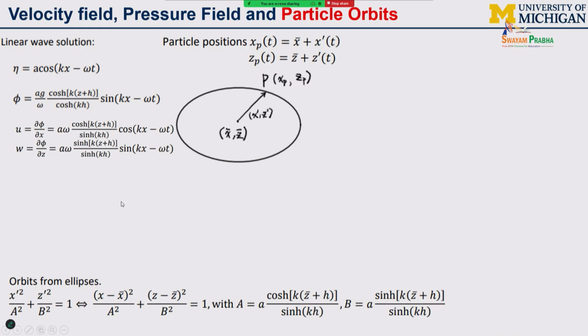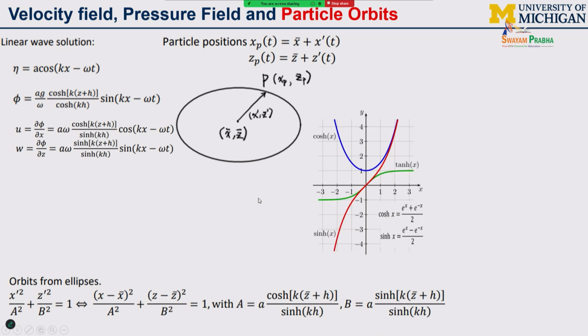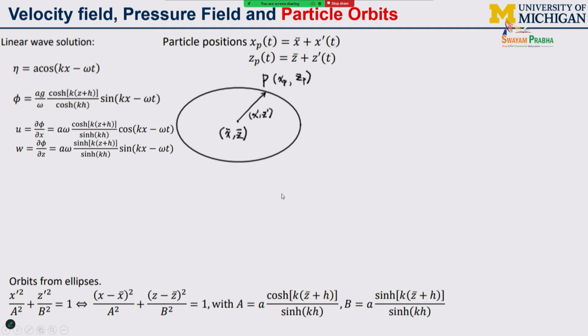If you go through some mathematical exercise, I give you the conclusion directly: it takes this form. What does it mean? If you look at this, A is the amplitude in the x direction, and B is the amplitude in the other direction. This shows the particle motion.